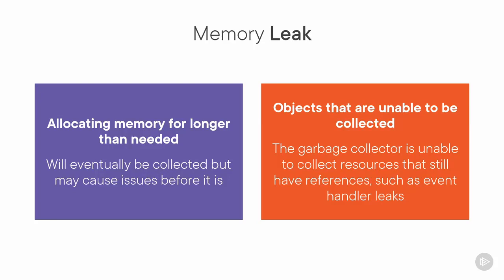A memory leak can also be objects that are unable to be collected by the garbage collector because they are still referenced. I'm talking about the situation where you have an event handler that holds a reference to an object that is no longer relevant, but it cannot be collected.